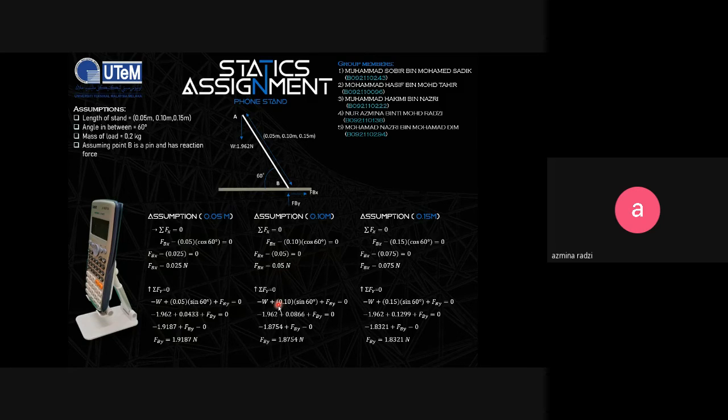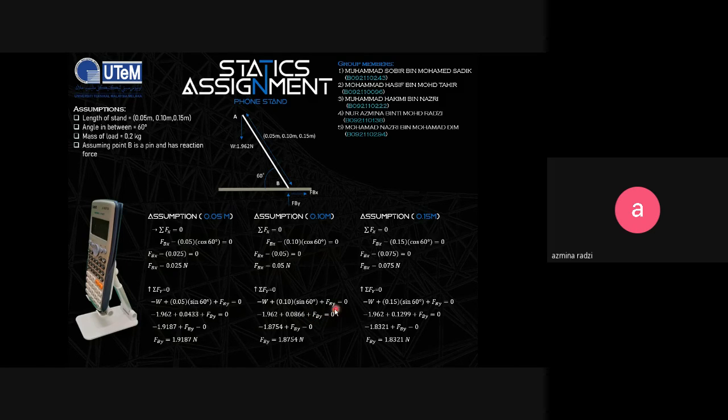Next, total force on the y-axis: negative weight of load plus FBA, which is 0.10 multiplied by sin 60 degrees because it is the opposite side of the angle, plus reaction force on the y-axis equals 0. Then we get the weight negative 1.962 because of mass multiplied by gravity, and FBA we get 0.0866, plus reaction force FB on the y-axis equals 0.